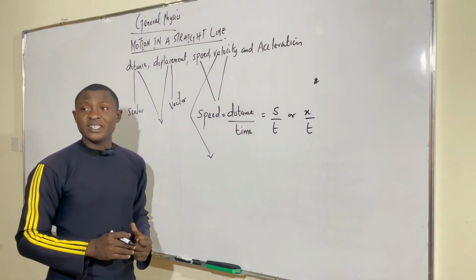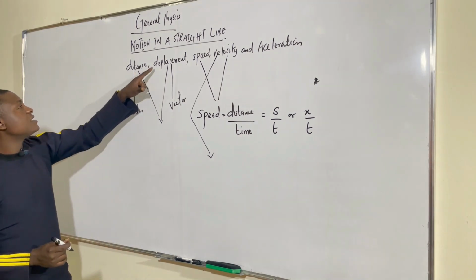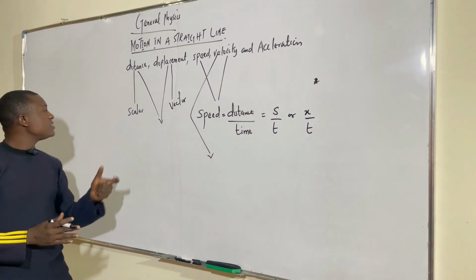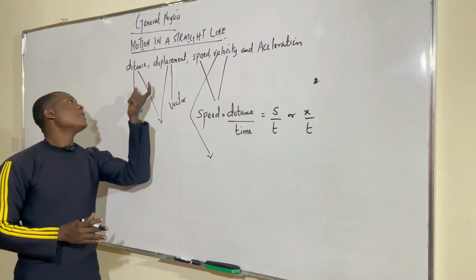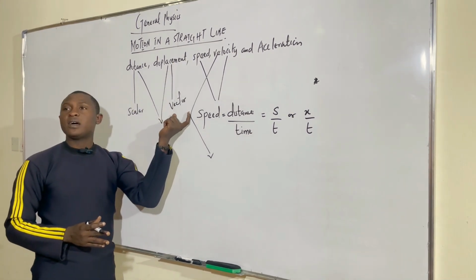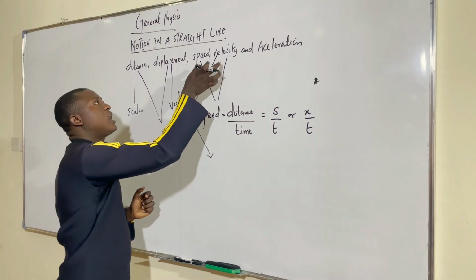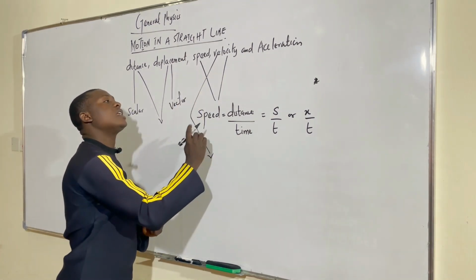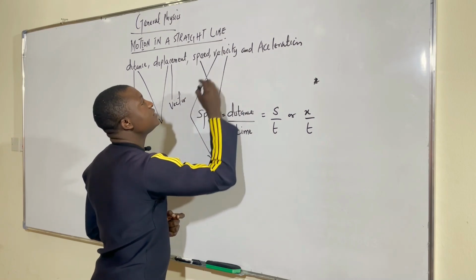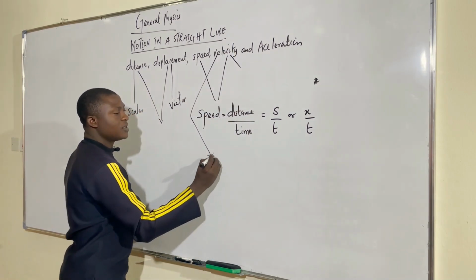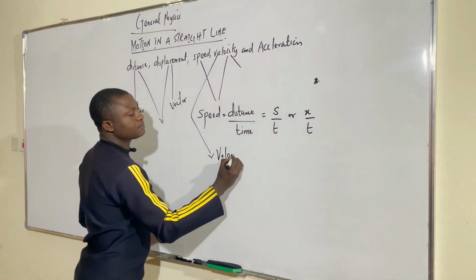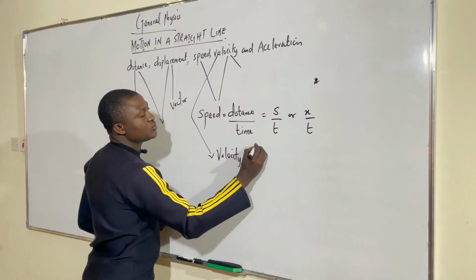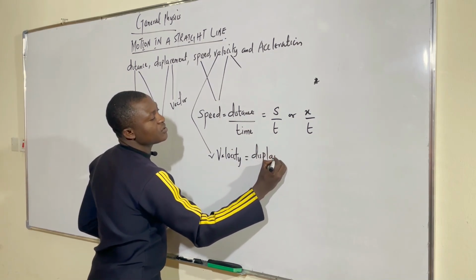I hope you are following. I mentioned that for distance and displacement, the only difference between them is that distance is a scalar, while displacement is a vector. The same thing is applicable to speed and velocity. Speed is a scalar, while velocity is a vector. So from here, we can say velocity is equal to displacement over time.